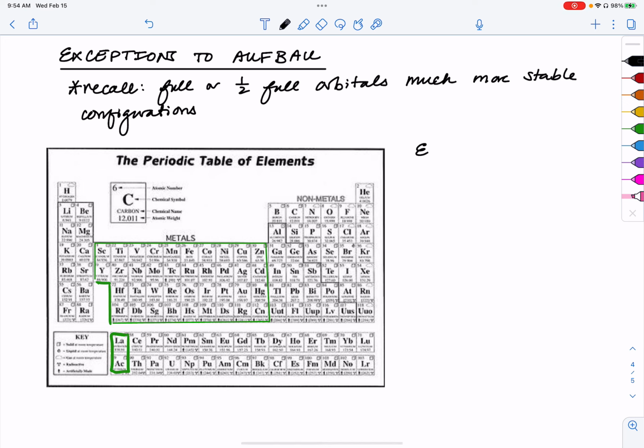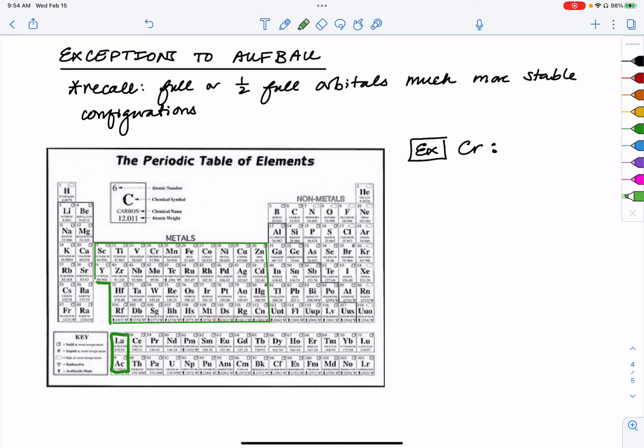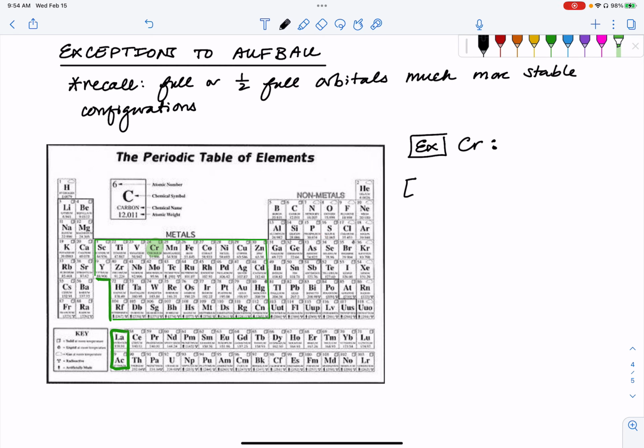So consider, for example, chromium. Just to identify where chromium is here. And using my noble gas shorthand, if I were just straight up following Aufbau, or the periodic table, going backward from chromium, my preceding noble gas would be argon.